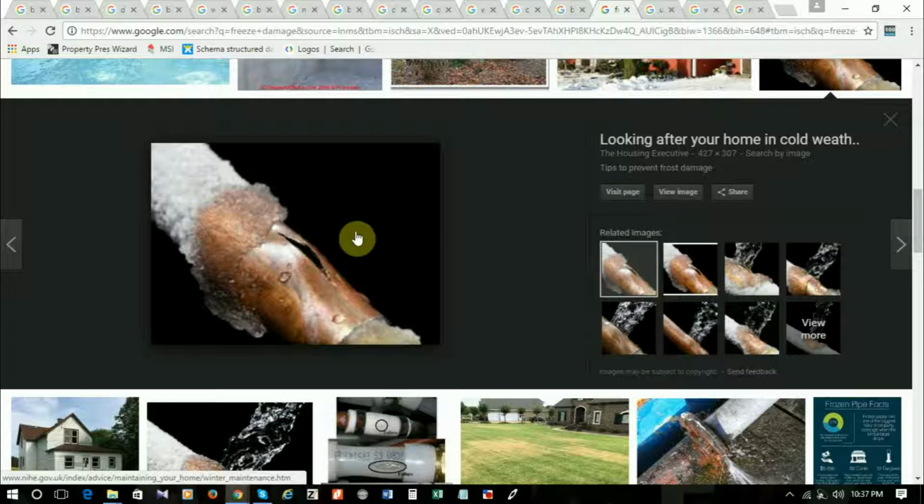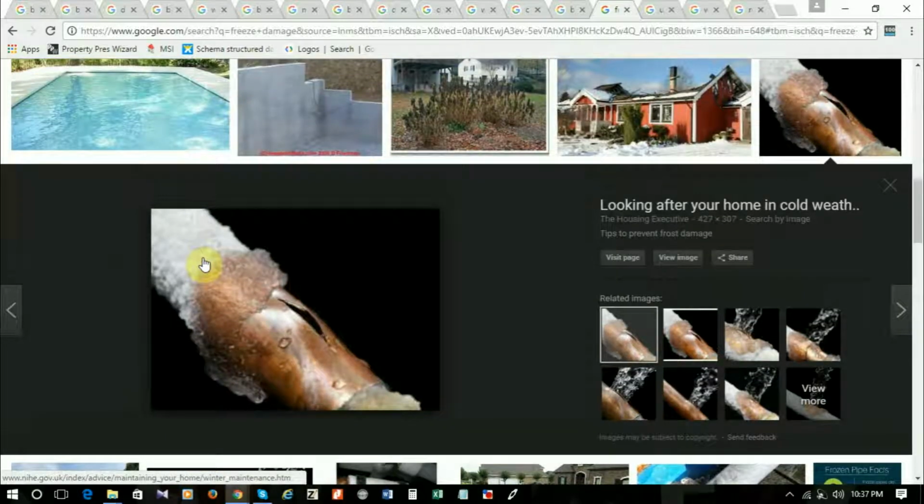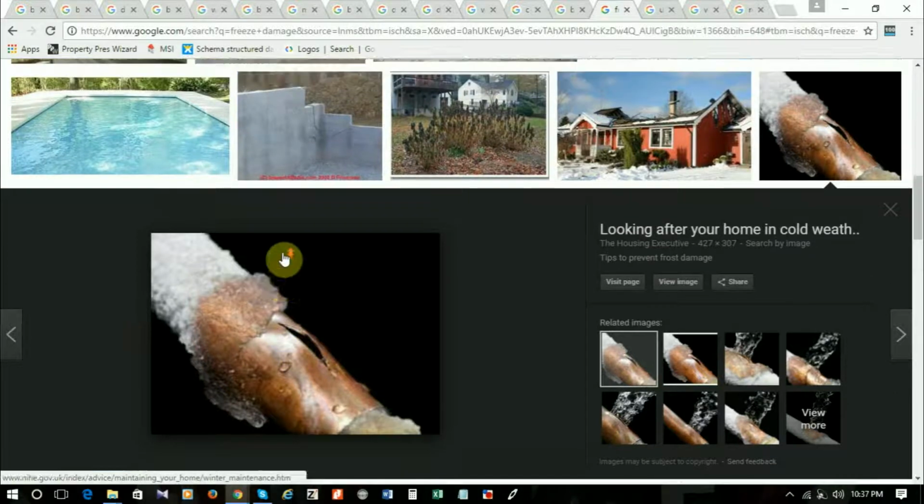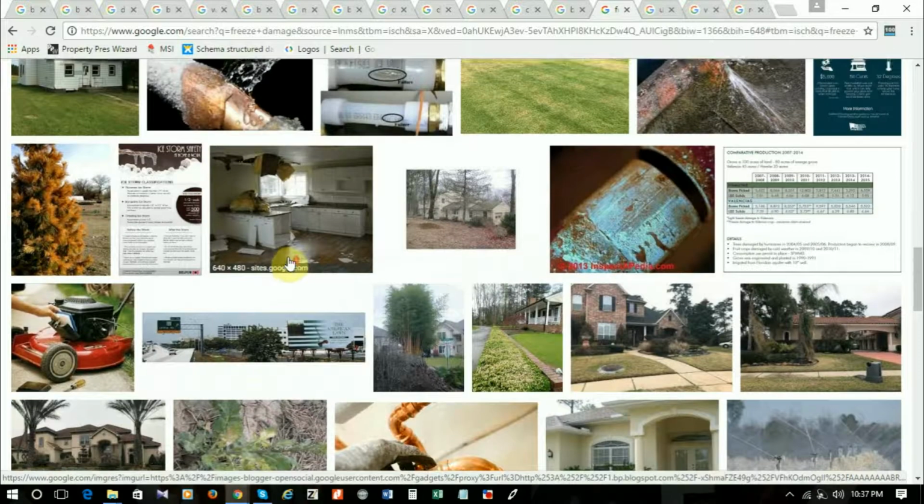So basically, in the winter, when the temperatures go below zero in many of the states in North America, in these vacant houses, if winterization is not done on these properties, the plumbing line which contains the water freezes, and then the plumbing lines expand and break, as you can see in this picture, and then there's a leakage, and from that leakage further damage occurs.